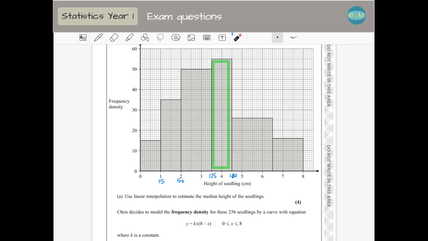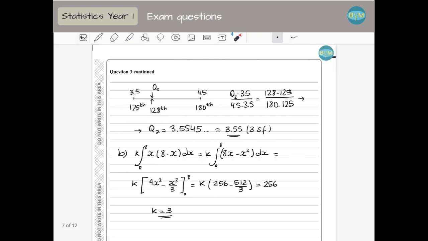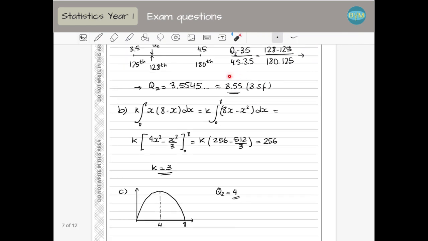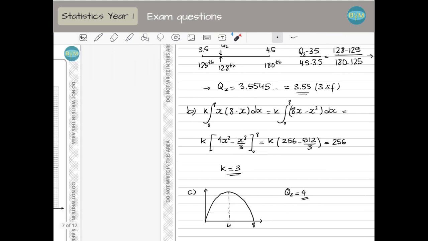So if I'm representing my quadratic between 0 and 8, this is 8. Your mid value is going to be 4. So my Q2 using this model is going to be 4, which is not too far from the one that we found using the histogram. And that's all with this question.